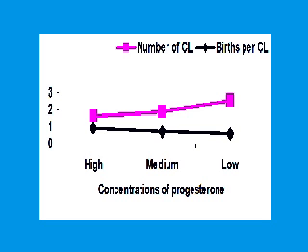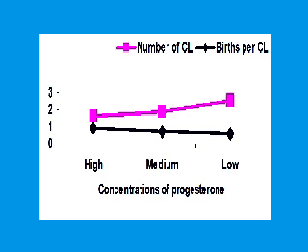But then when we look at the births per corpus luteum, here's the data from that previous slide. The ovulation rate is going up, but the births per corpus luteum is going down. Because as ovulation rate increased, we have more losses.